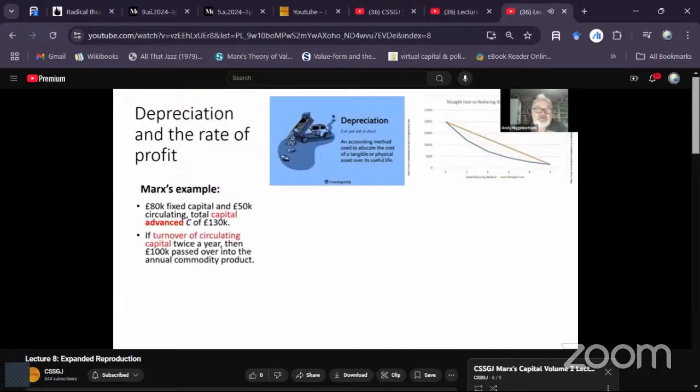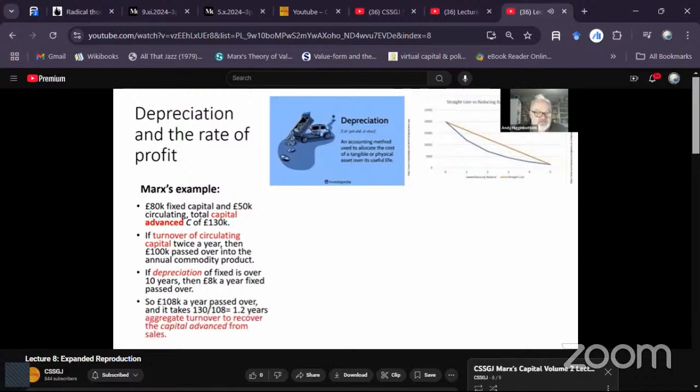Now, to explain why this is significant, I'm just going to remind you, you can go back to Marx's example, which was back in chapter 9, I think, of the use of fixed and circulating capital. So he has 80,000 fixed capital and 50,000 circulating, adding up to a total of 130,000 capital advanced. Now the depreciation, whatever happens to circulation turnover, will be at the rate of 8,000 a year if it's a 10-year thing, right?